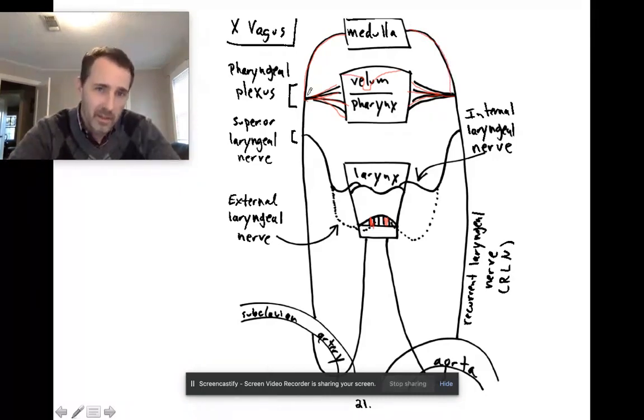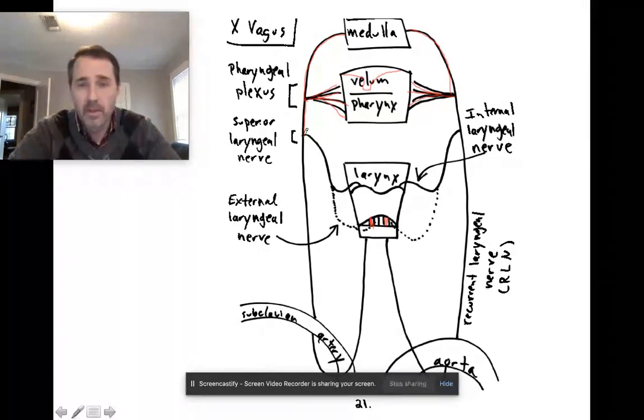If we continue inferiorly on the main branch of the vagus, we get to the second place it splits. This split is referred to as the superior laryngeal nerve. If you follow the superior laryngeal nerve, you're going to get to the point where the superior laryngeal nerve, or the SLN, itself is going to split. It splits into the intrinsic and extrinsic branches of the SLN.